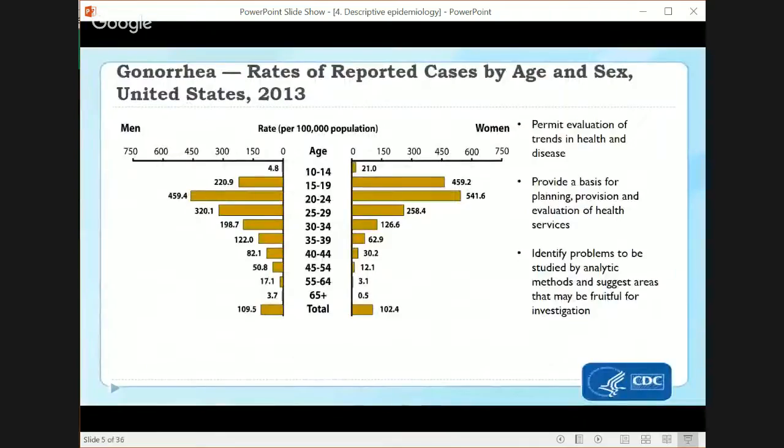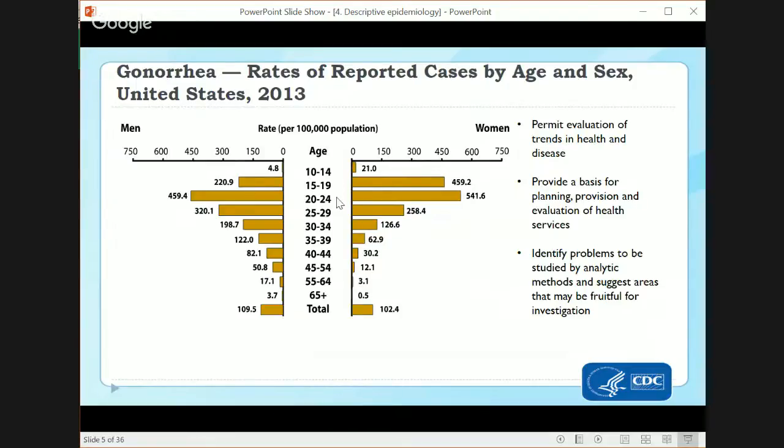So let's look at a descriptive epi slide. You guys saw this yesterday. This is gonorrhea rates of reported cases by age and sex in the United States in 2013. We see differences between men and women, well, no, these actually are kind of even, with there being differences in age, women having higher rates of gonorrhea at a younger age, 15 to 19.